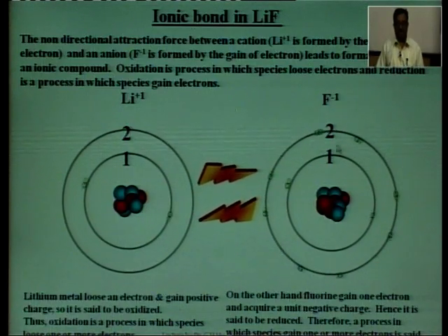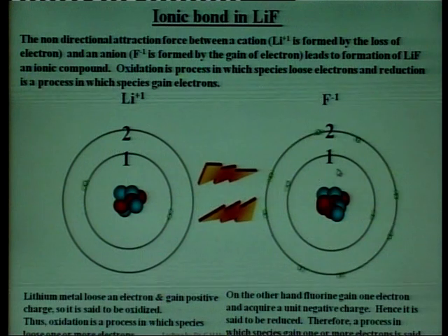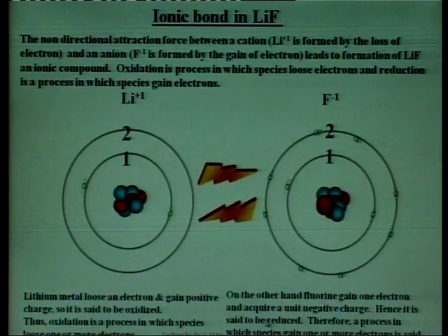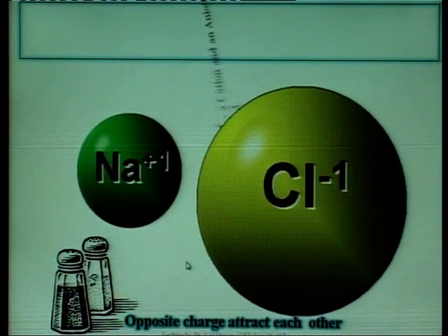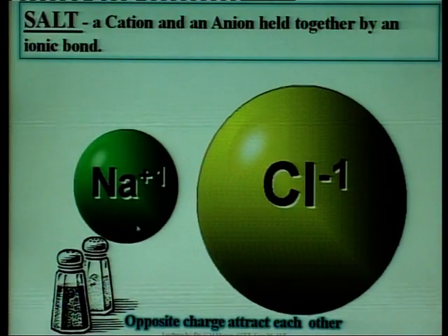On the other hand, the fluorine atom gains that electron in its outermost shell to acquire not only the octet arrangement, but higher stability and a minimum energy state. Therefore, it is said to be reduced, and therefore we can define the redox system in terms of the electronic concept.